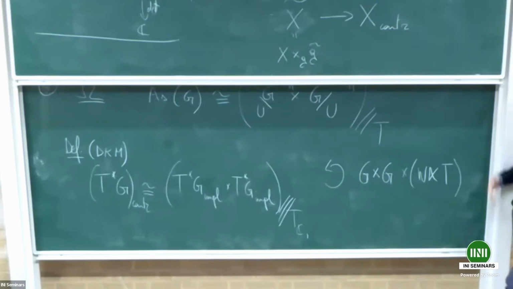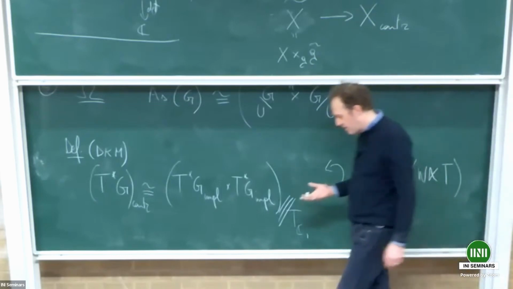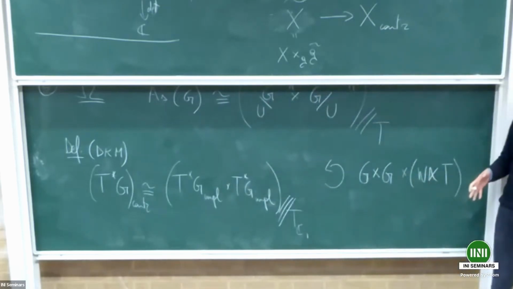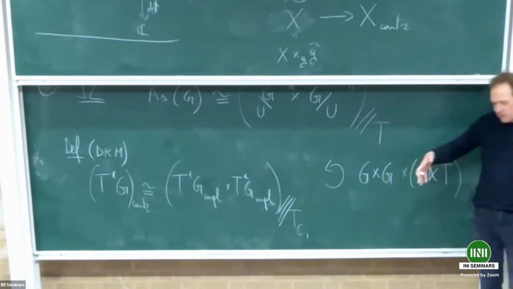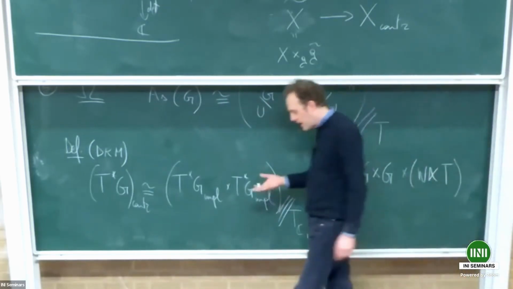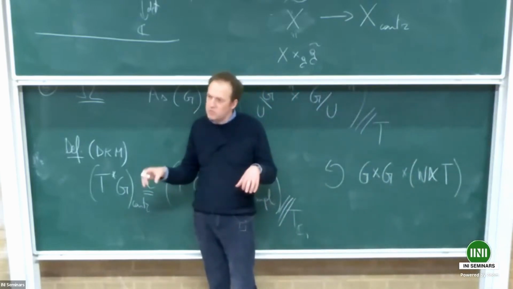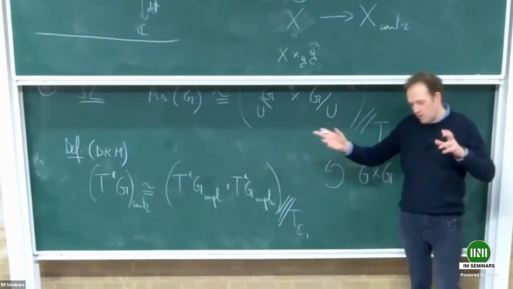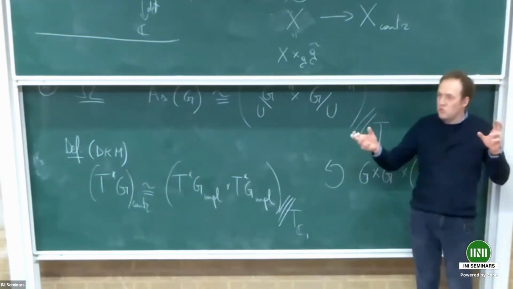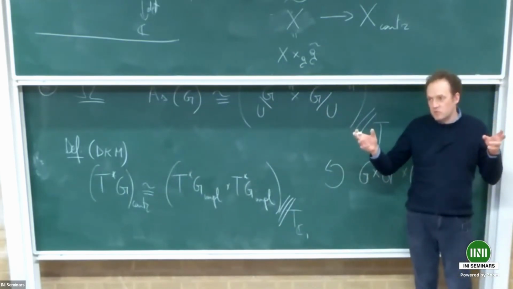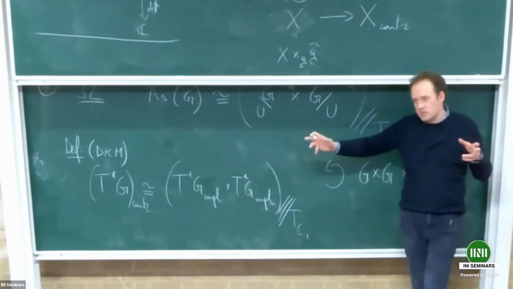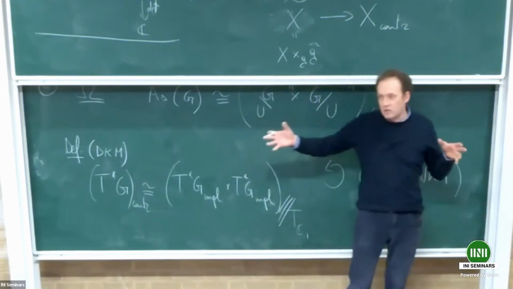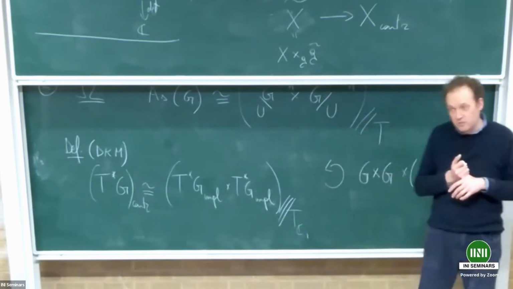That's essentially true. You can even formalize that, and that ties in with something known as Moore-Tachikawa theory. There's a category whose objects are reductive groups and whose morphisms are spaces. If you have a morphism from a group G1 to G2, it's just a space with a G1 times G2 action. Composition in this category is given by taking products and reducing by the diagonal action of the middle group.